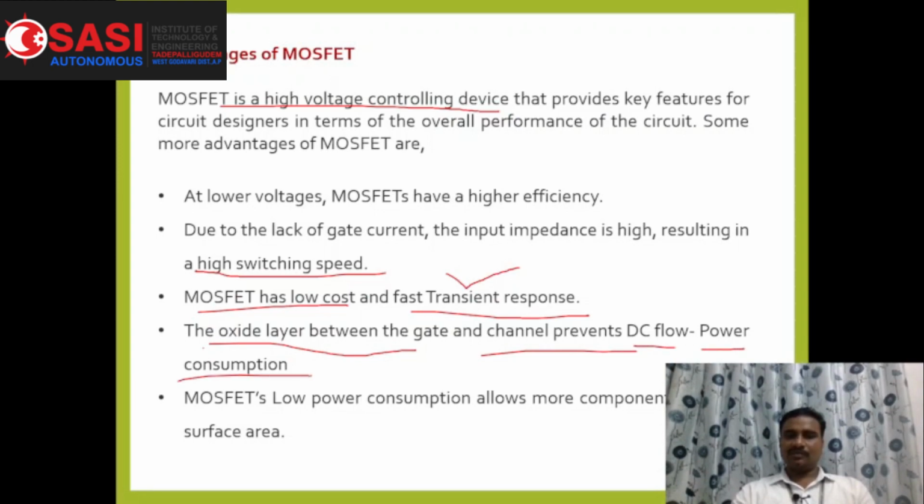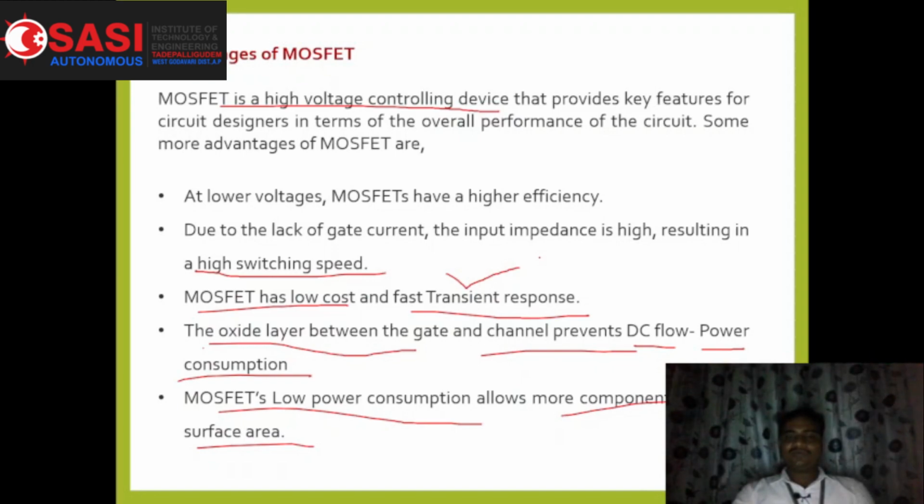So this is one more advantage of the oxide layer. And the MOSFET's low power consumption allows more components per chip surface area. So we can reduce the power consumption, and we can reduce the space of the chip design. Therefore we can use it in many applications.